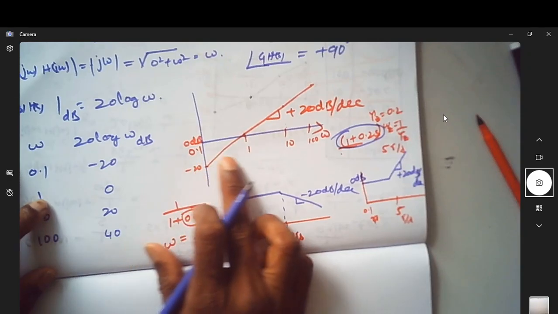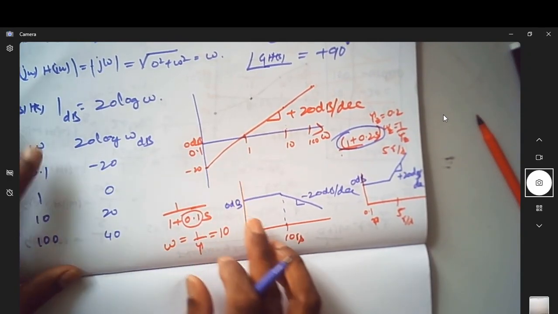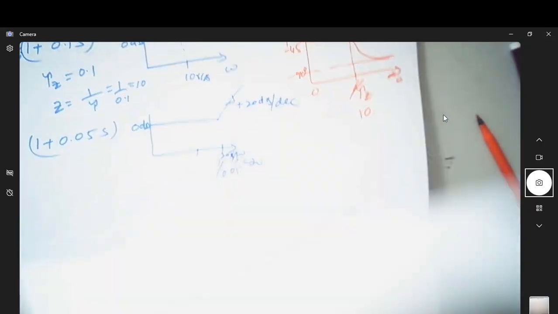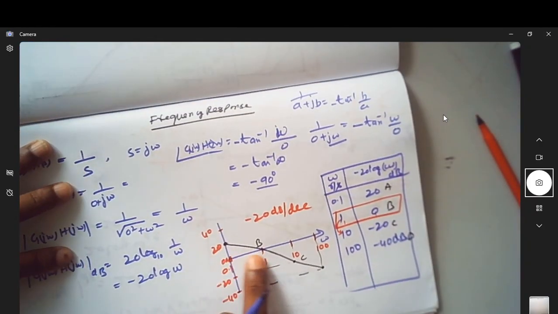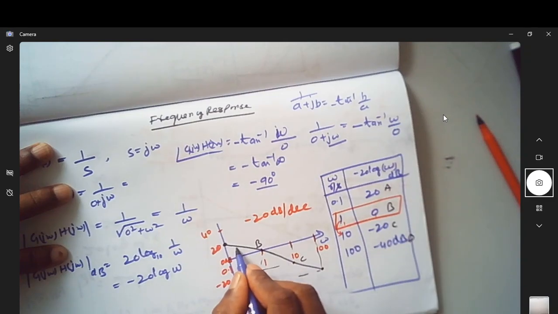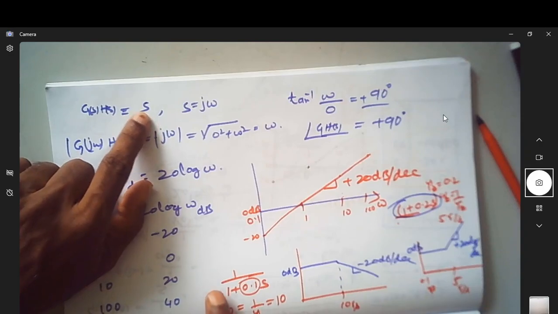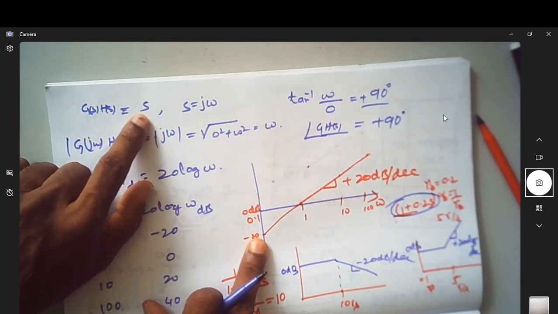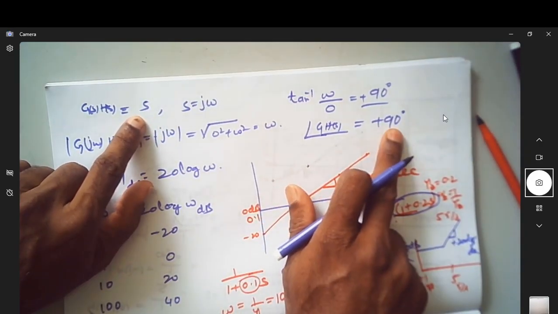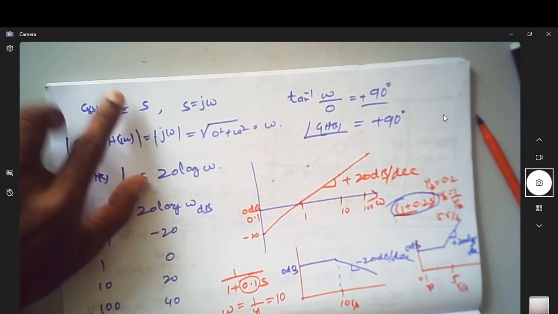And of course, if you have a pole at the origin, we have seen that. It's a straight line passing through the 0 dB line with a slope of minus 20 dB per decade. And we saw when there is a 0 at the origin, it will have a slope of plus 20 dB per decade, again passing through the 0 dB line at 1 radian per second.